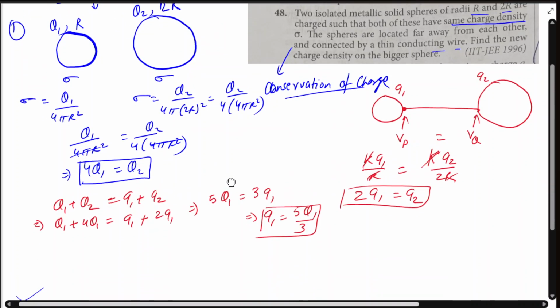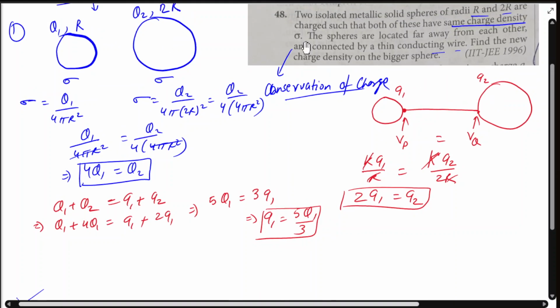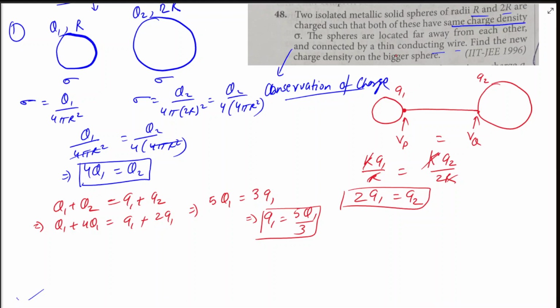Any issue here? No, right? Perfect. Now we have to find the new charge density on the bigger sphere. Be careful, it is written on the bigger sphere. So the new charge density we can write as sigma dash.